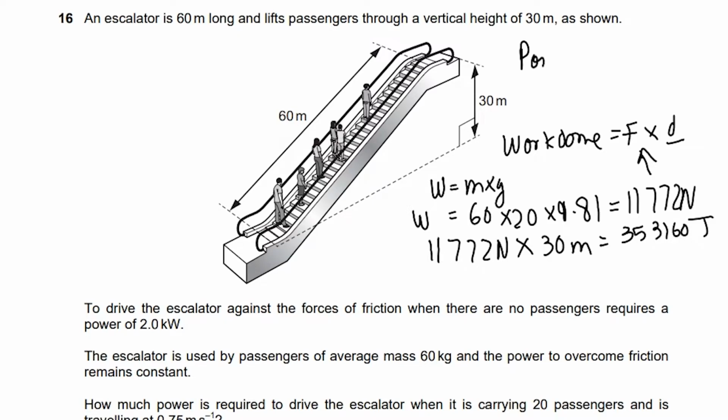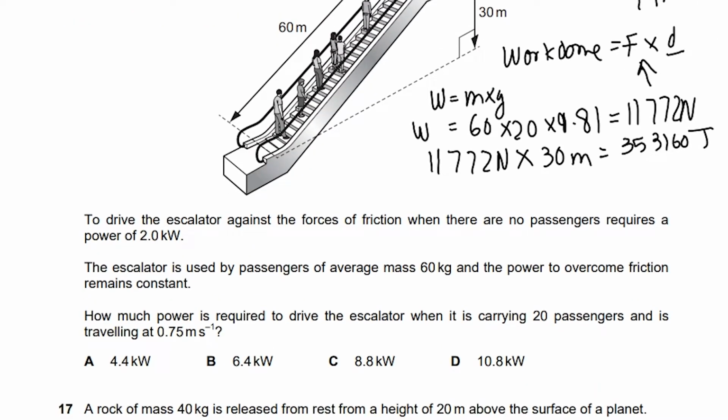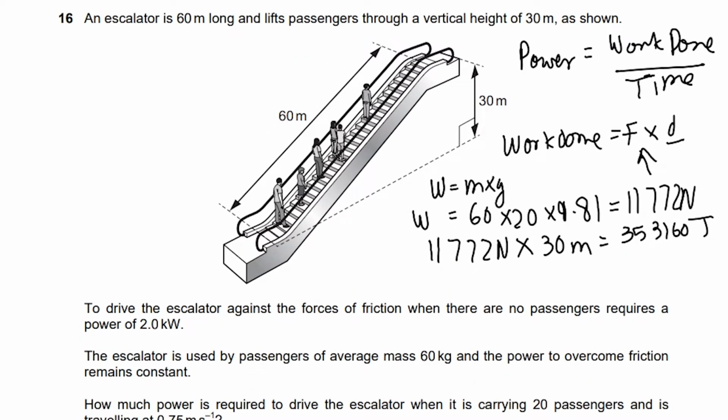So power is work done upon time. We have work done but we don't have time. We have to find out time. We are told that the escalator is traveling at 0.75 meter per second. So it covers 0.75 meter in a second, and it travels 60 meter.